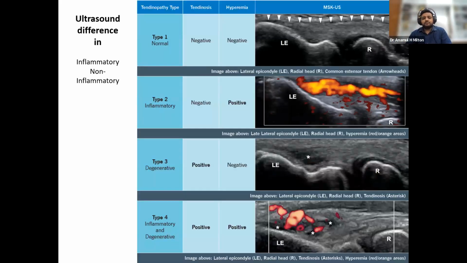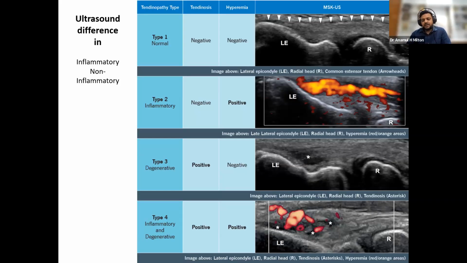Here I have shared how we can differentiate. Number one is almost the normal anatomical structure. The second one has high Doppler uptake in this structure, so it is the inflammatory site.